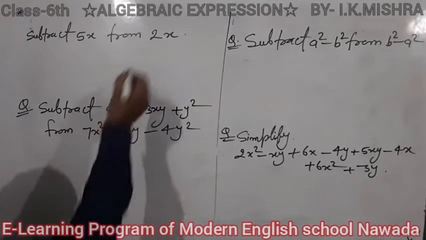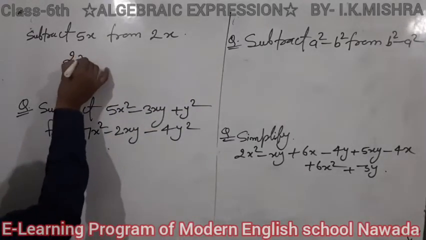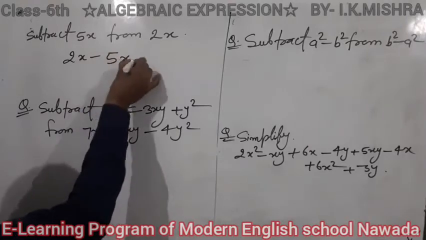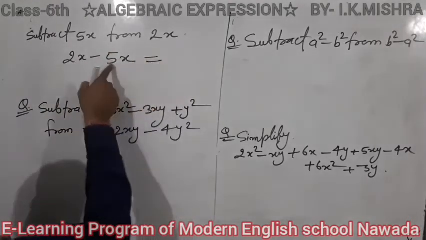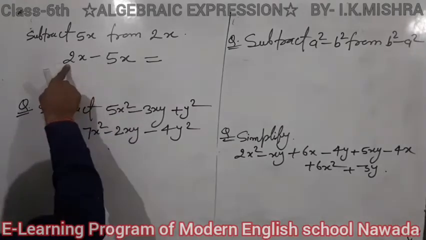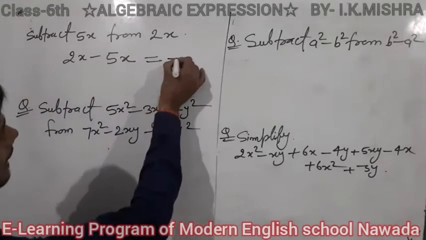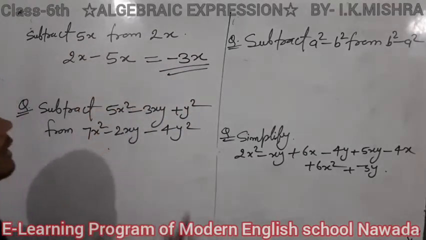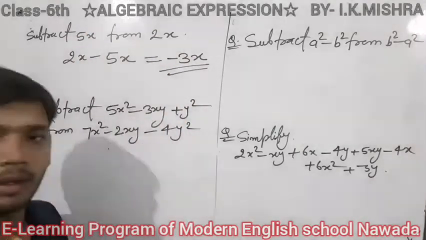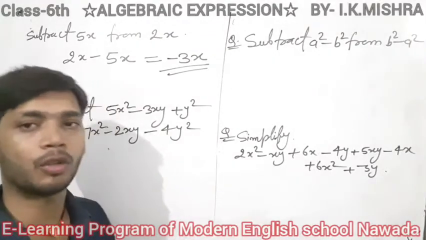That means you write here 2x minus 5x. And students, these are like terms and here its value will be 2 minus 5, that means minus 3x. So friends, you can subtract by this method easily for any question of your exercise.